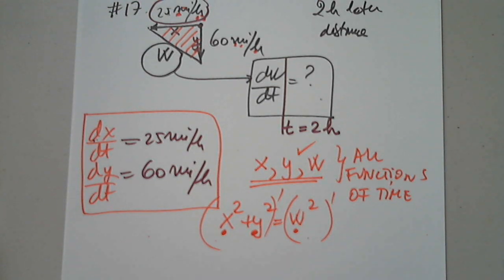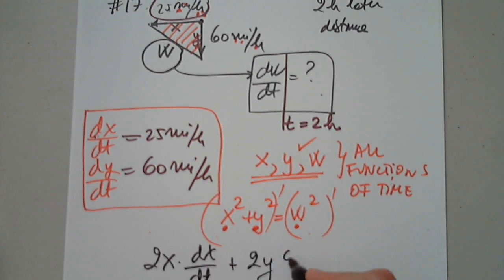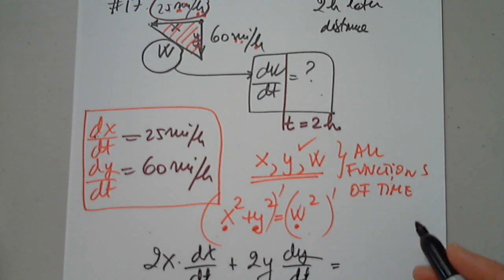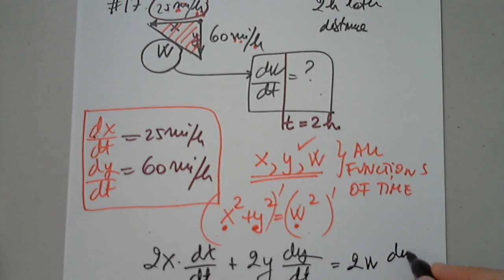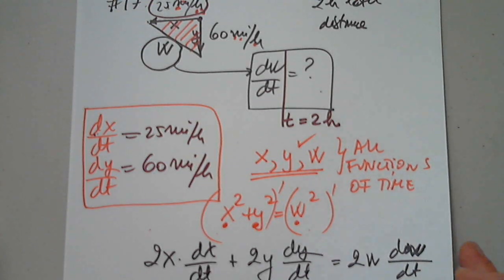Would it be 2x dx dt plus 2y dy dt equals 2w dw dt? Excellent. Of course, I'll divide both sides by 2. It's an equation, I can divide by 2.